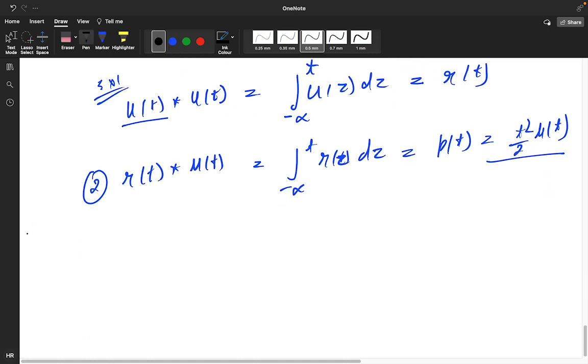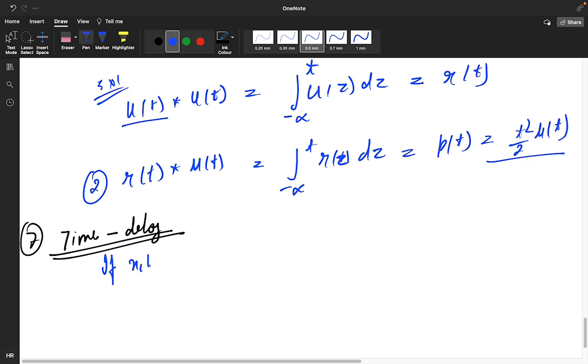Now the seventh is your time delay. Time delay. So what is the meaning of a time delay? If x1 of t convoluted with x2 of t gives y of t.